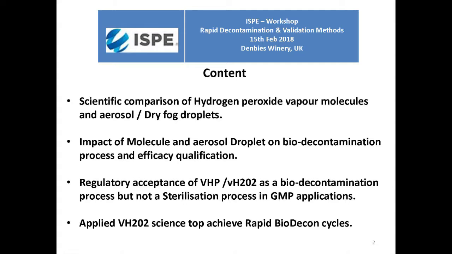The impact of the molecule comes from the vapor side, and I'll give you the calculation for that molecule size, in comparison to the aerosol droplet, which is much larger in size and creates a totally different process right from the beginning.